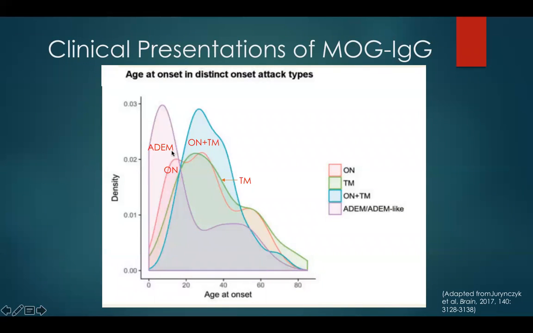Patients with disease onset between 20 to 40 years of age most often presented with unilateral optic neuritis. And patients who were over the age of 45 were more likely to present with bilateral optic neuritis and more likely to have short segment transverse myelitis rather than longitudinally extensive myelitis.